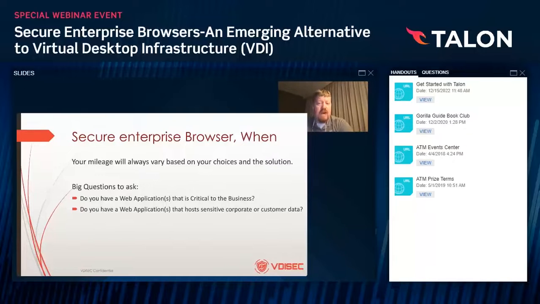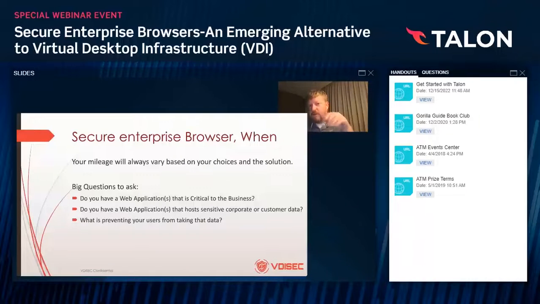So do you have web applications that host sensitive or corporate customer data? If you have any of those, so we have something that's critical to business, something very sensitive in a web app form, then this is for you.